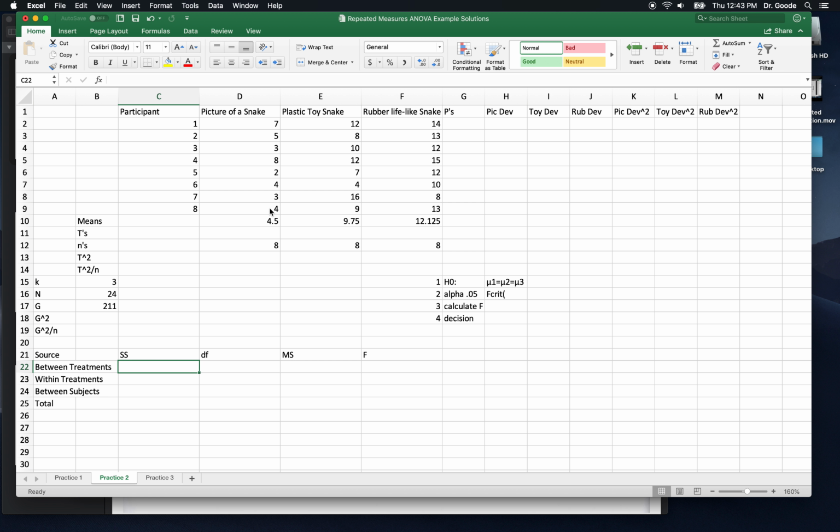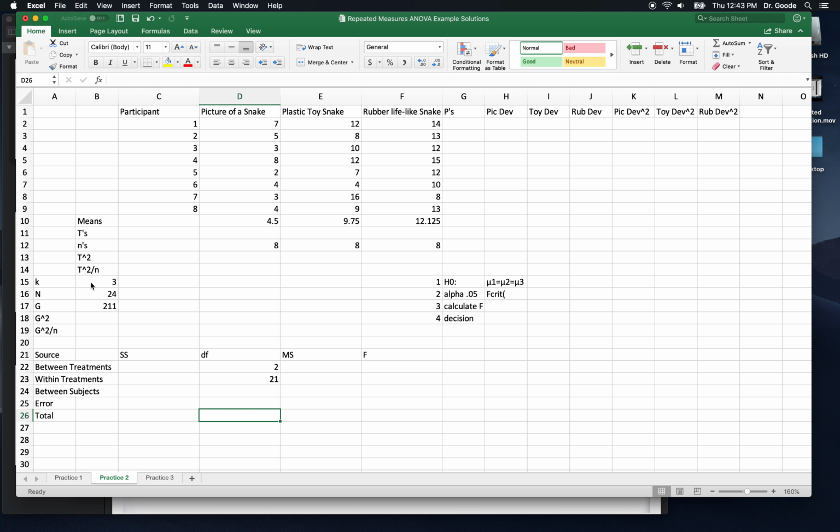Now, for each one of these groups, we can do between treatments. Oops, I forgot about the error. We can do degrees of freedom between treatments, which is k minus 1. We can do degrees of freedom within treatments, which is big N minus k. And we can do total degrees of freedom a couple different ways. We know that it's big N minus 1.